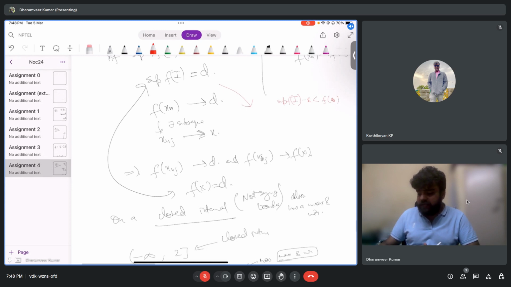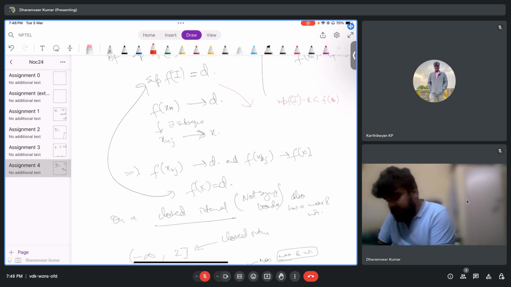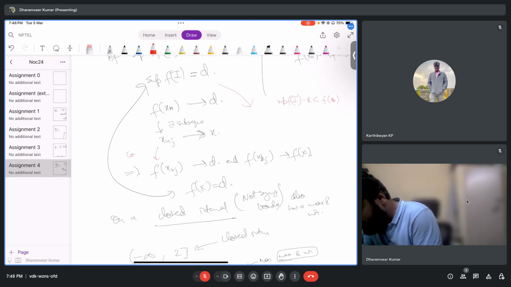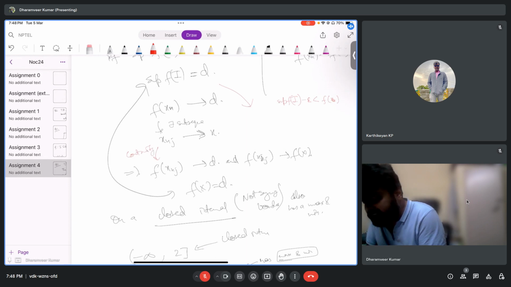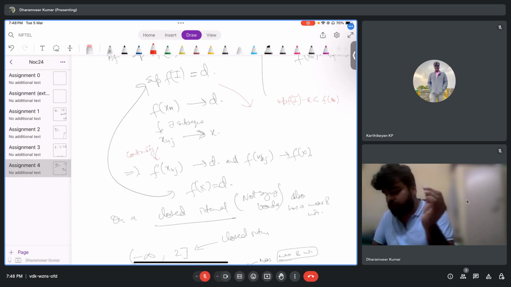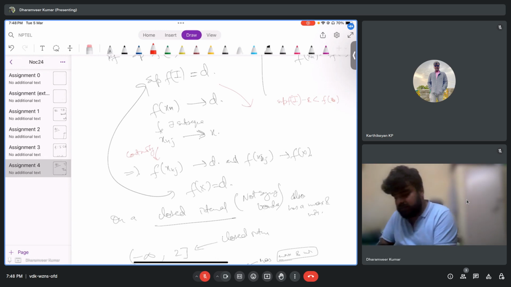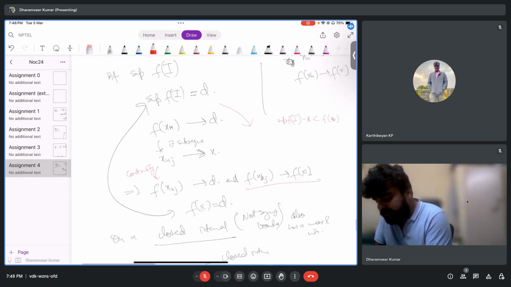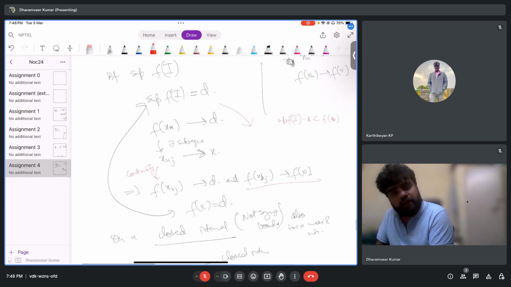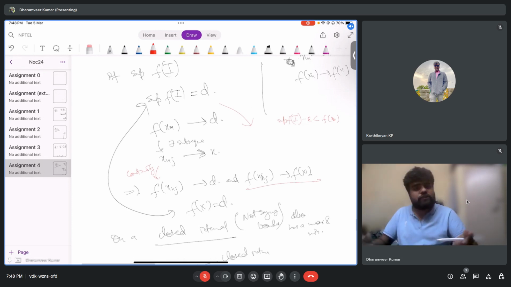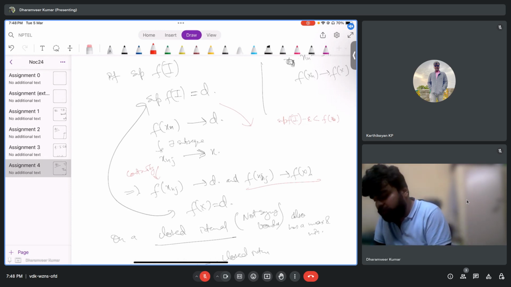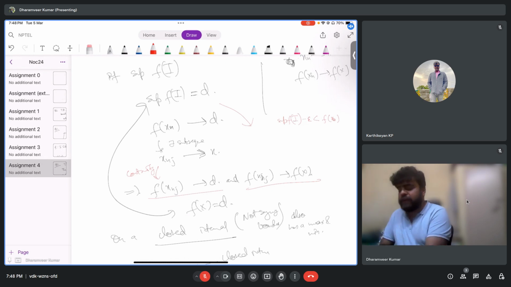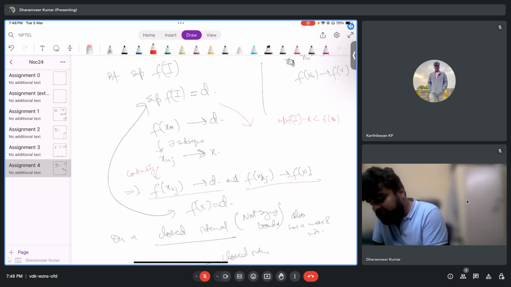So that implies, because of the continuity again, that f of x_nj converges to f of x. But since f of xn was converging to D, any subsequence converges to the same value. That implies D is nothing but f of x, and x was in I.